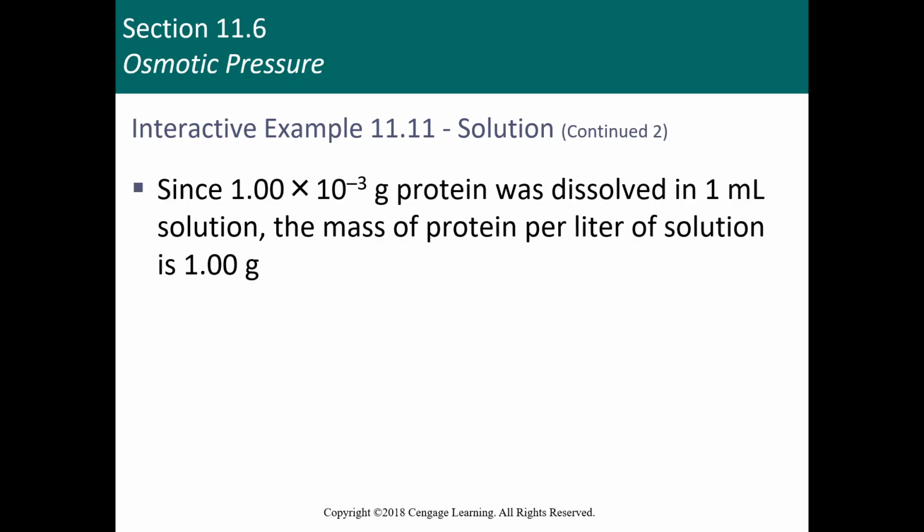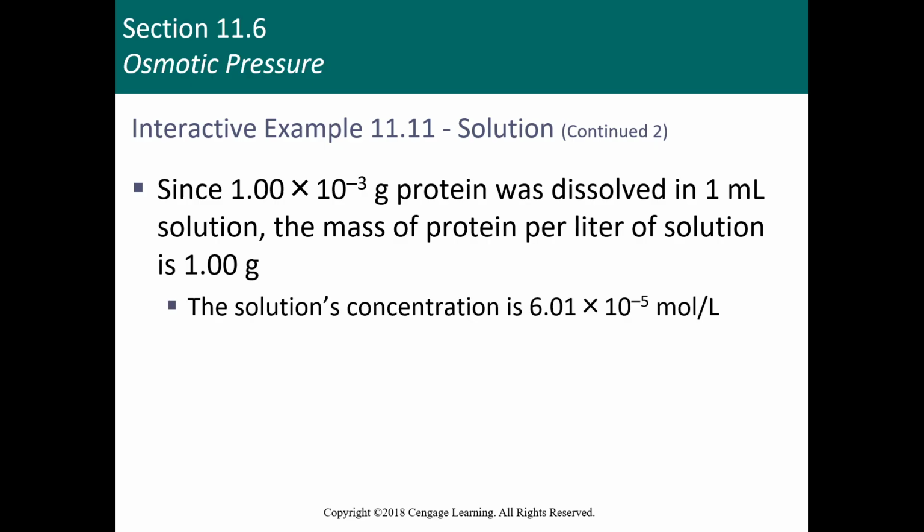There we go. So since 1.00 times 10 to the negative 3 grams of protein was dissolved in 1 milliliter of solution, the mass of the protein per liter of solution would have to be 1 gram per milliliter, or 1 gram per liter of solution. We got our concentration of our solution in moles per liter.